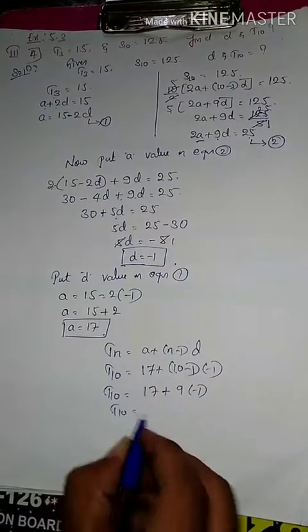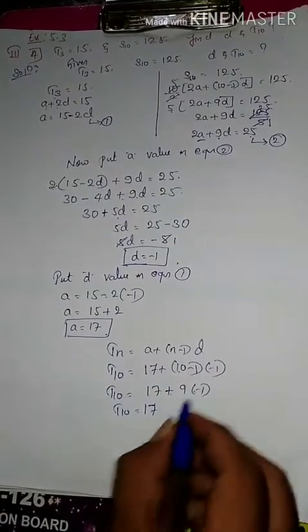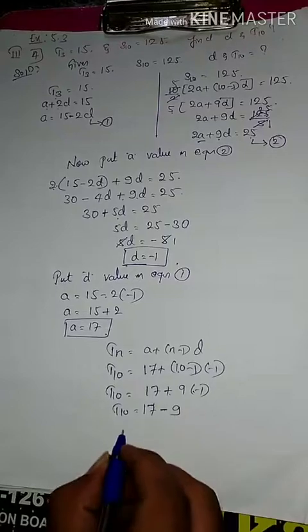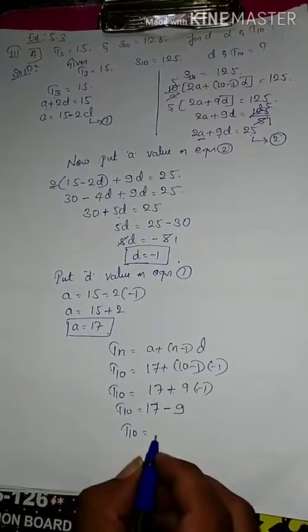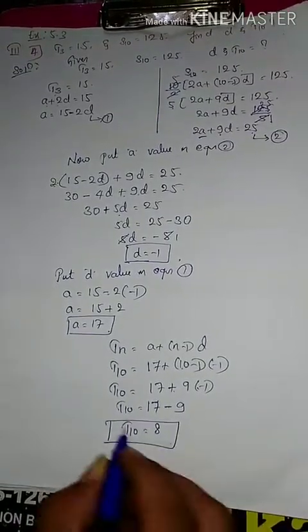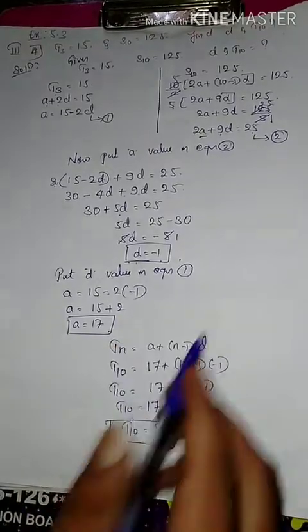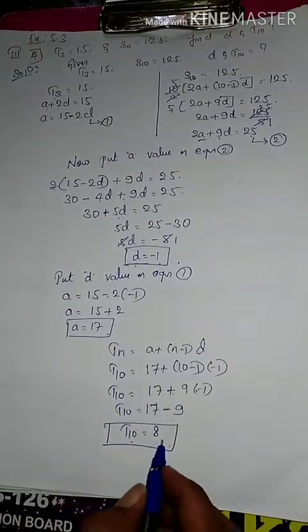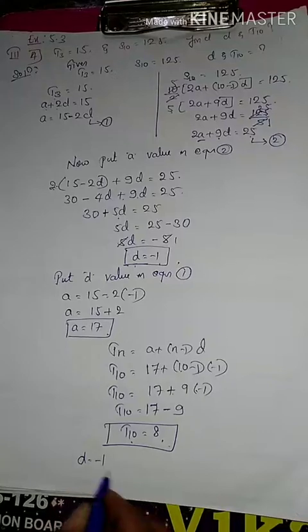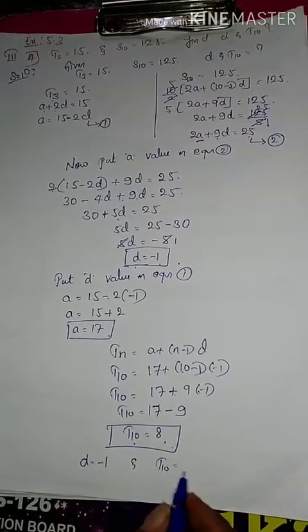So T10 is equal to 17 plus into minus minus 9 ones are 9. So T10 is equal to 17 minus 9 is 8. Therefore the common difference is minus 1 and the 10th term is 8. Hence d is equal to minus 1 and T10 is equal to 8.